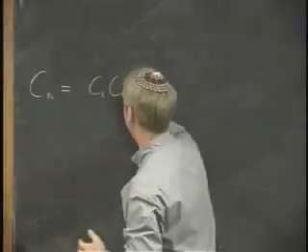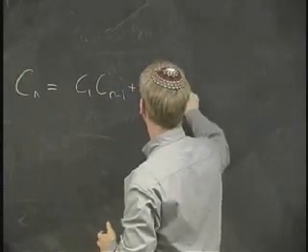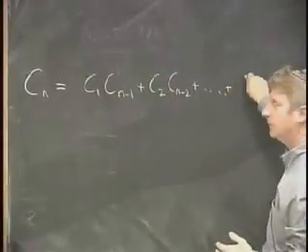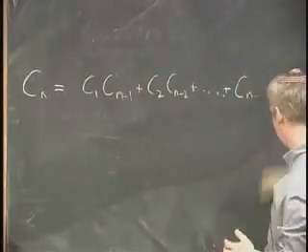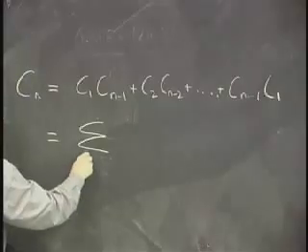C1 times Cn minus 1 plus C2 times Cn minus 2, all the way up to Cn minus 1 times C1. And that's the same as what I think Michael was calling out.